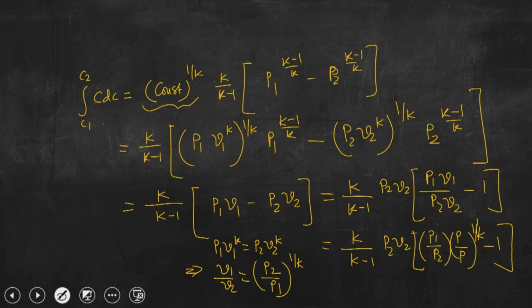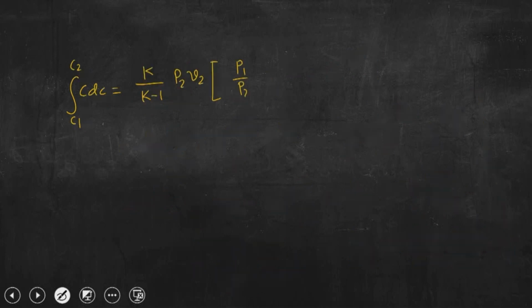You can see this is P2 by P1. So, it should be P2 by P1. We can write this as P1 by P2 to the power minus 1 upon k. So, if we do this, P2 into P1 by P2, we can write straight away 1 minus, k minus 1 upon k, or basically 1 minus k upon k minus 1. So, this is the expression.